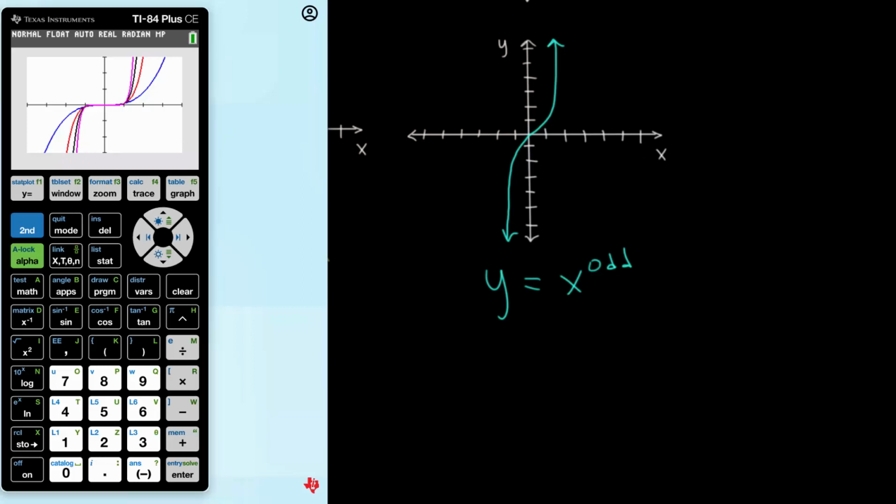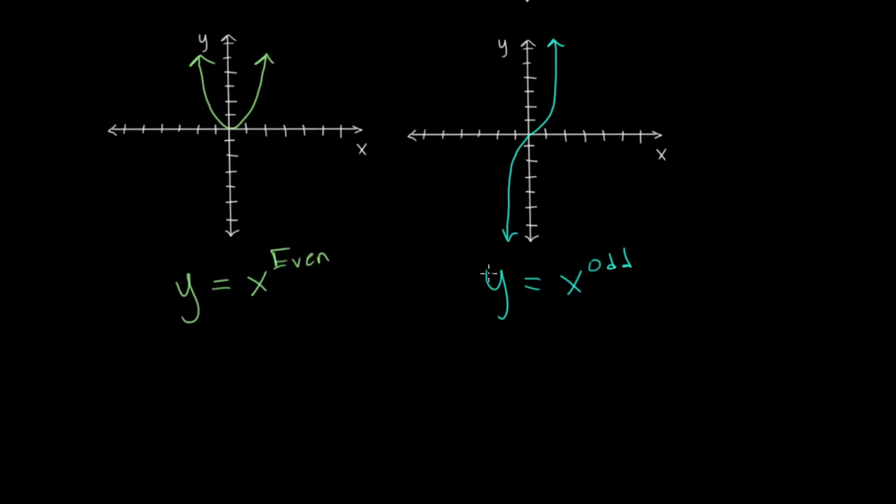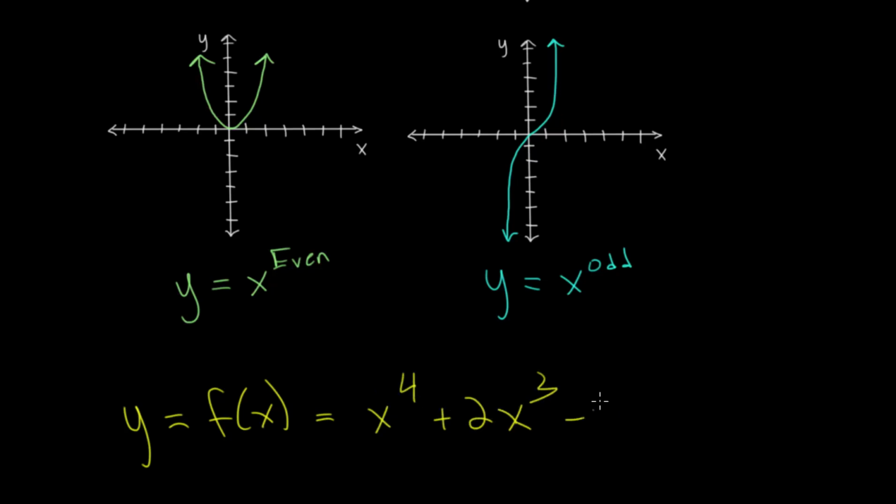So the general conclusion with these two patterns we notice is that, let's say we have some random polynomial where y is a function of x, and we have, let's say, x to the fourth plus 2x to the third minus 7x squared plus 8x minus 14. Some random polynomial.